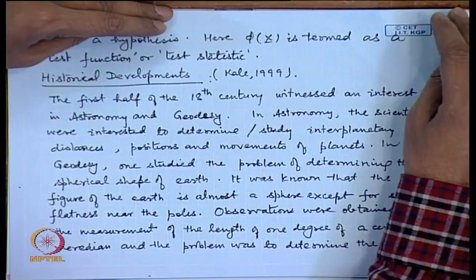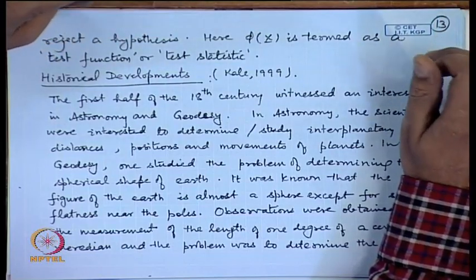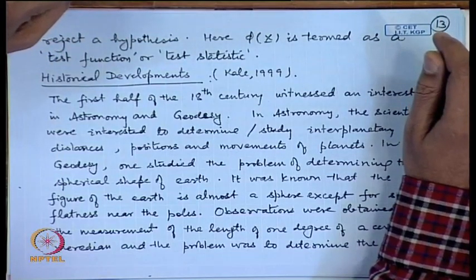I will spend a few minutes on the historical developments of the subject. The historical development of the subject of statistical inference we can attribute to the first half of the 18th century, and mostly in the problems of astronomy and geodesy.